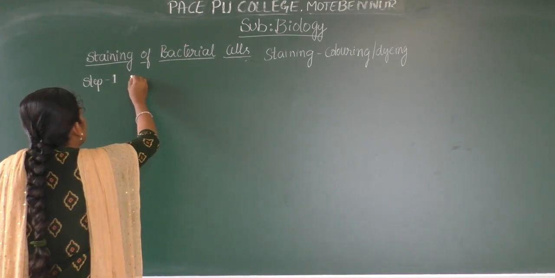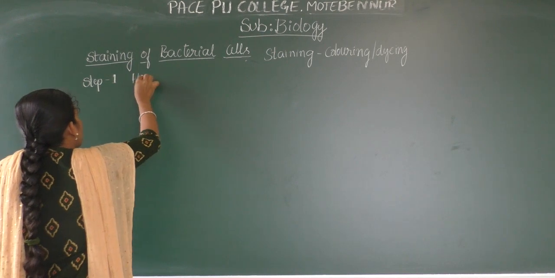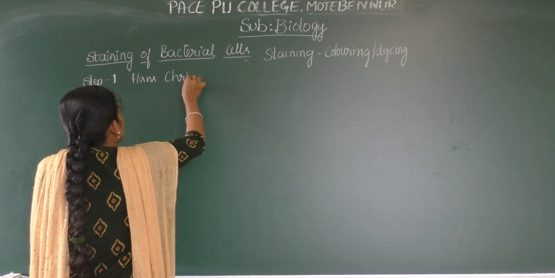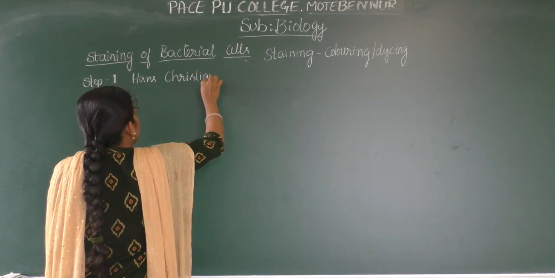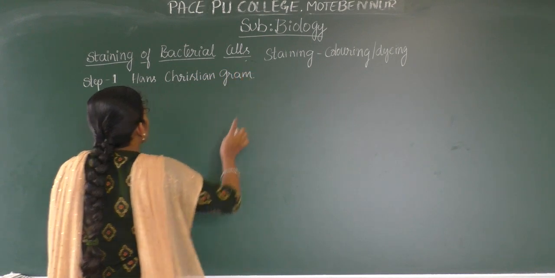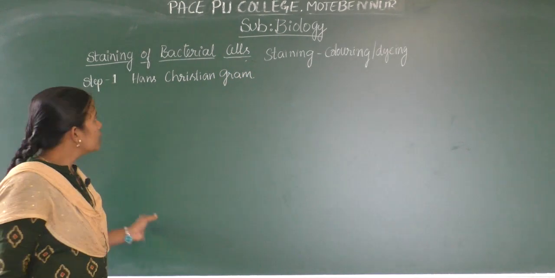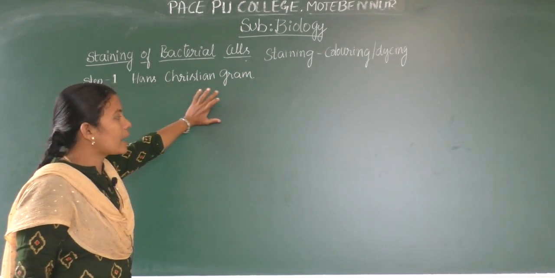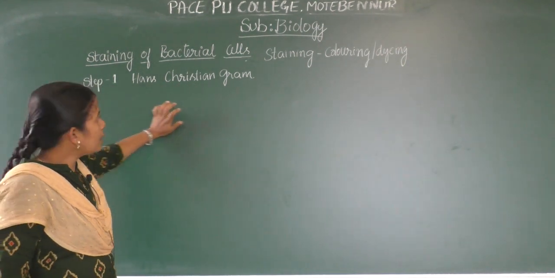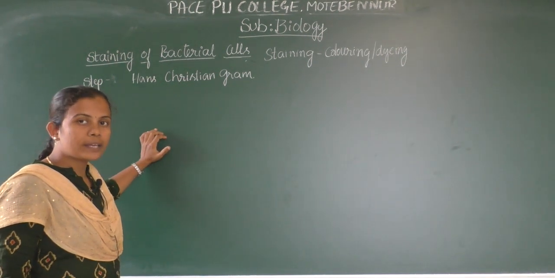We can identify the cells on the basis of the discovery by Hans Christian Gram. He is a scientist who worked on the staining process for bacterial cells, and he used many chemicals to stain the cells.